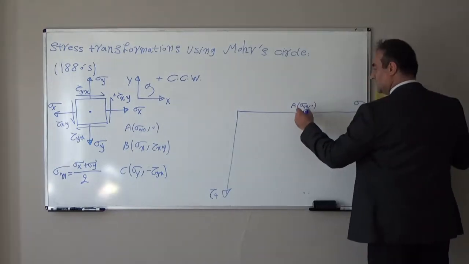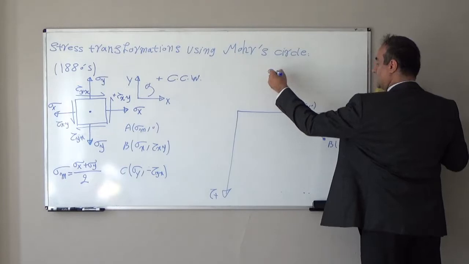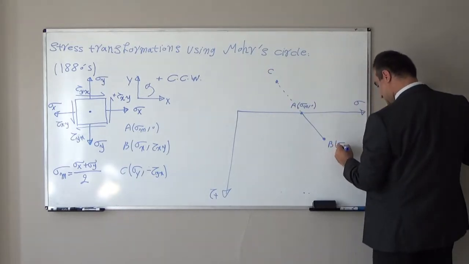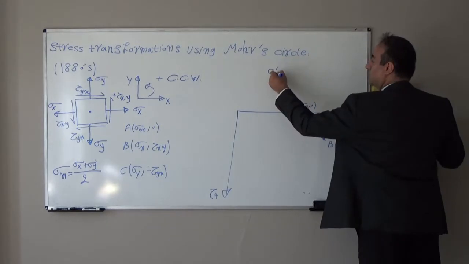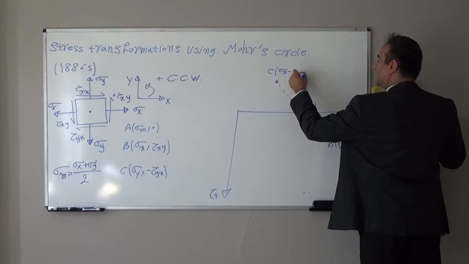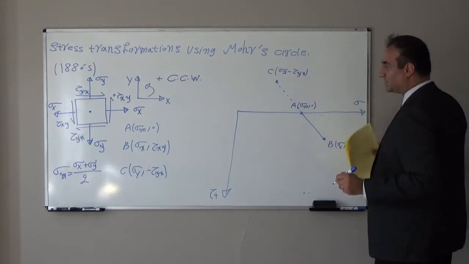If we show these points, this will be point C, sigma x, tau xy, sigma y, negative tau yx, and R the radius.